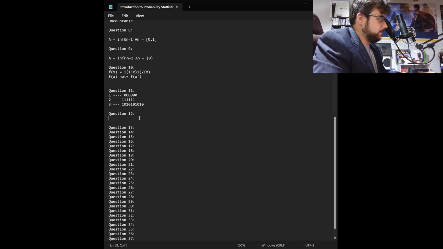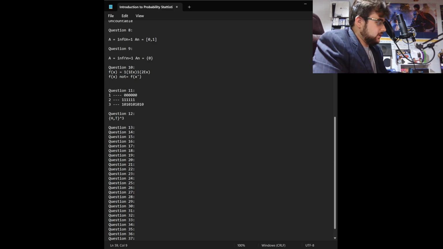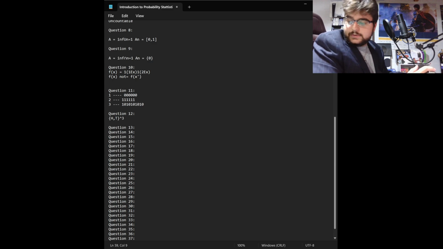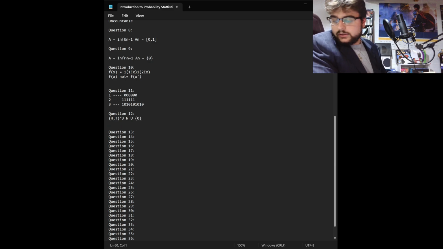Domain is just H, T, and then up 3, like that. And then if you know the domain, which you can tell just by looking at it, you can determine the codomain just like that.